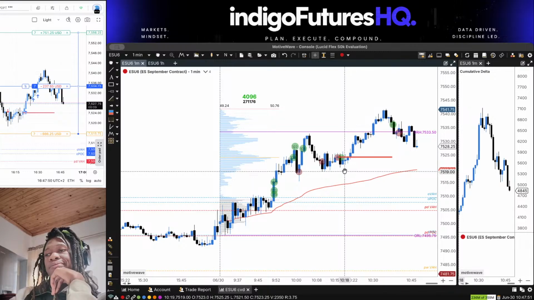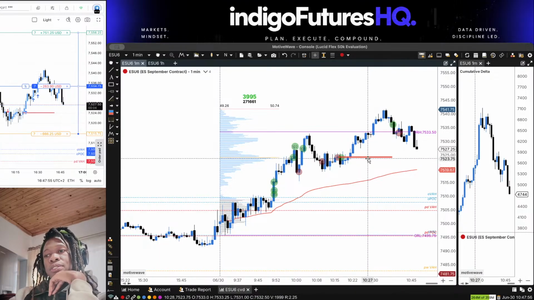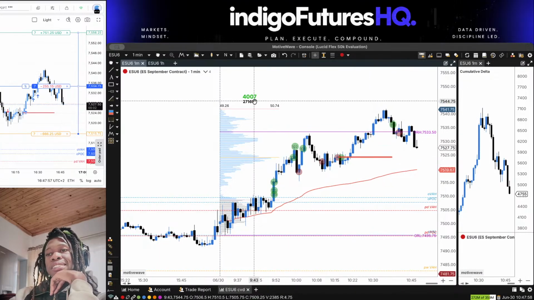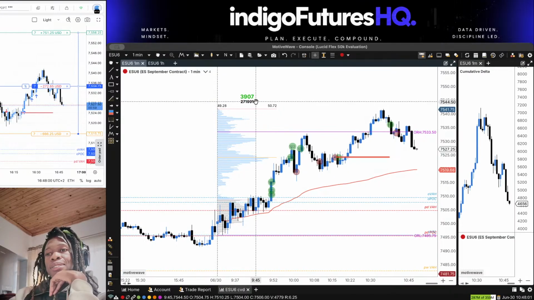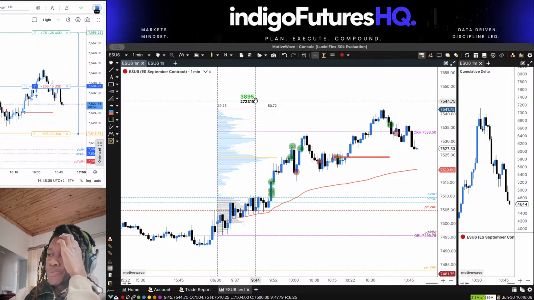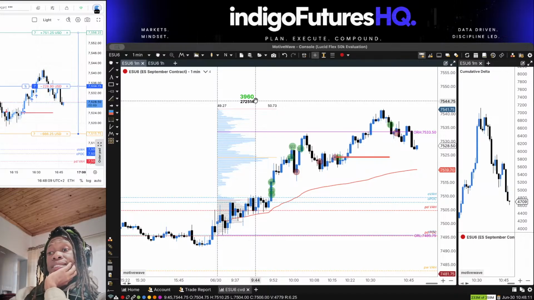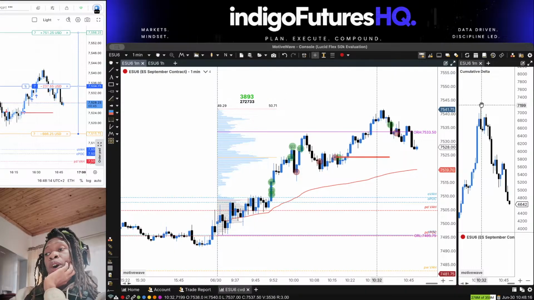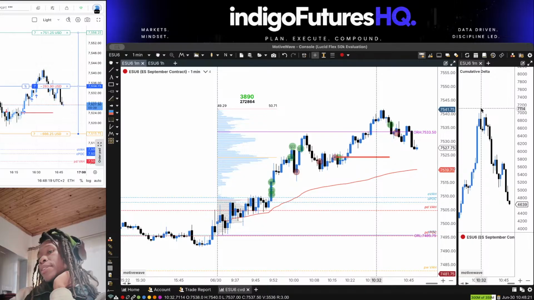But also, if the point of control falls, the buyers are still kind of there, still holding this up. But we would need to see a strong presence of buyers if we are going to go all the way up to 556, which is looking a little tougher each minute that goes by, isn't it?